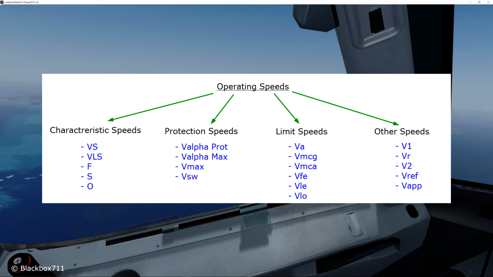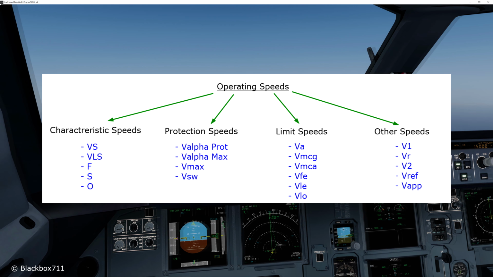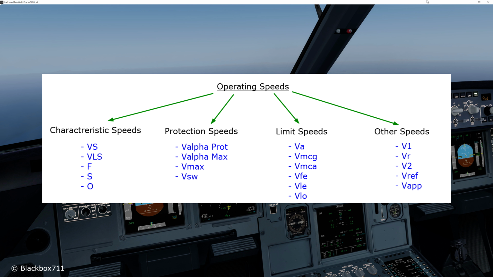So here are some examples of the different speeds. For example, you have the characteristic speeds like F speed, S speed, green dot, or in the protection speed section, the V alpha prot, the V alpha max, etc. The limit speeds, well, obviously you have flap extended speed, the max landing gear extension speed, the maximum operating speeds, etc. And other speeds are defined as V1, VR, V2, VREF, and V approach.